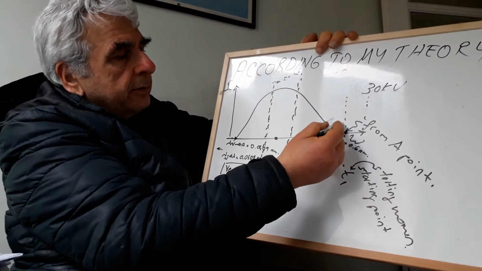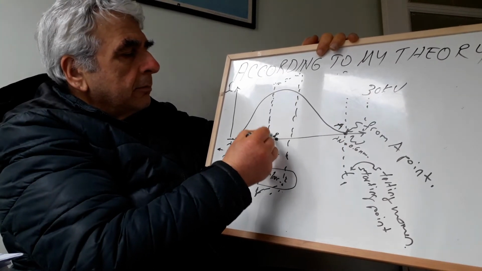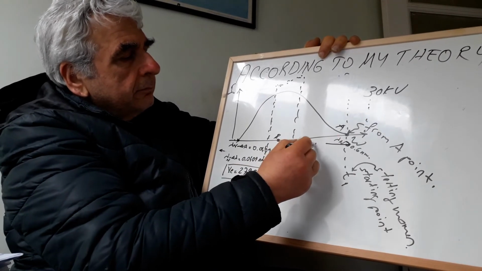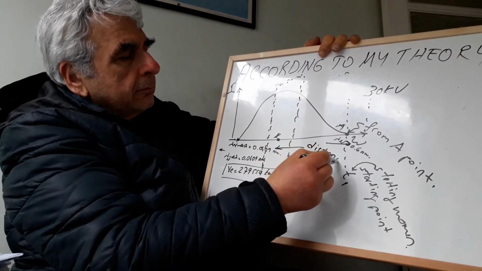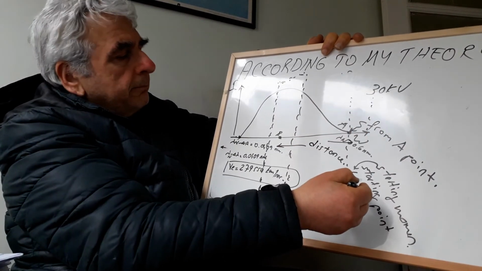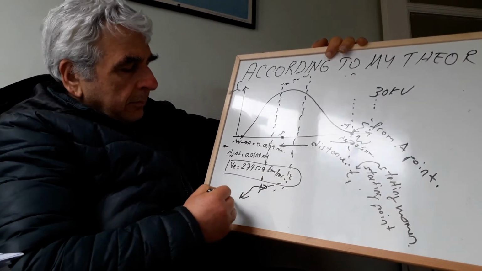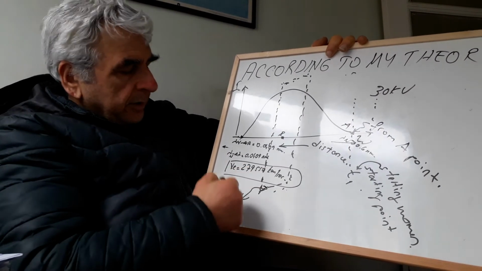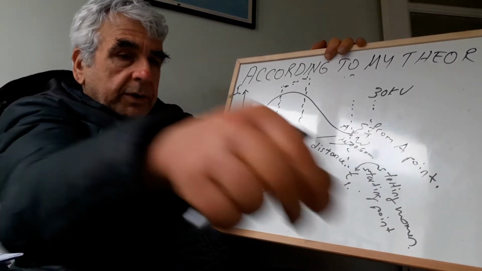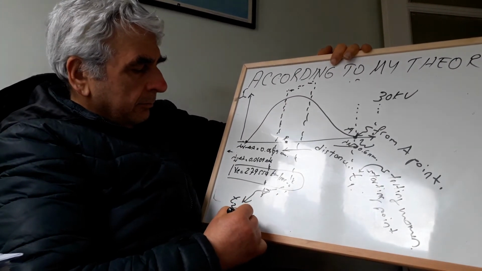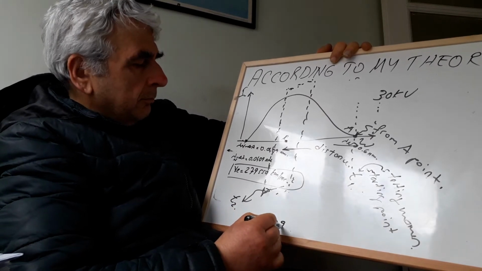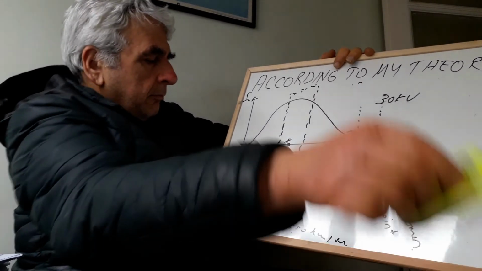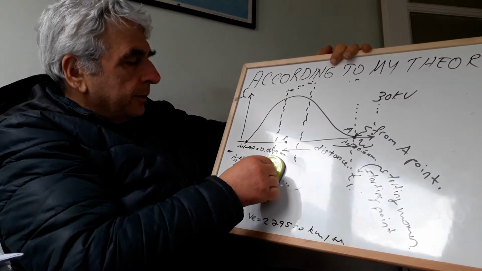This is point A, this is point B. And we know this distance. We know the starting time, T1, and the finishing time, T2.